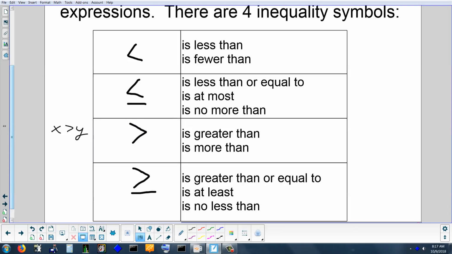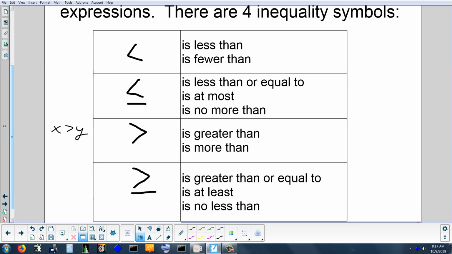And then the last one, we've got a couple new phrases there that we didn't go over. We've got is no less than. So if I said something like, you can be no less than 4 feet to go on the ride. Some rides have a sign, you have to be this tall. That means you have to be at least 4 feet, or you could be taller.